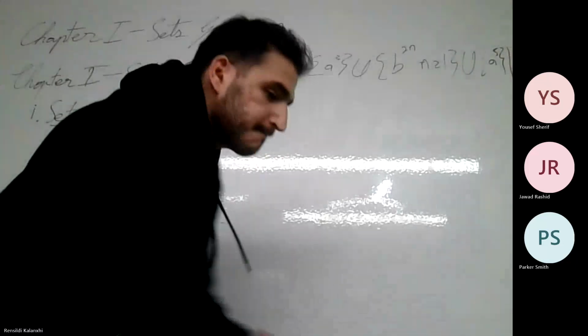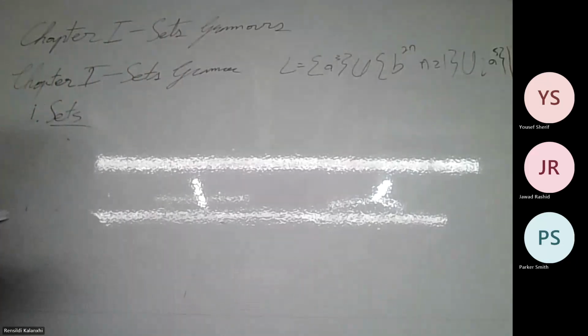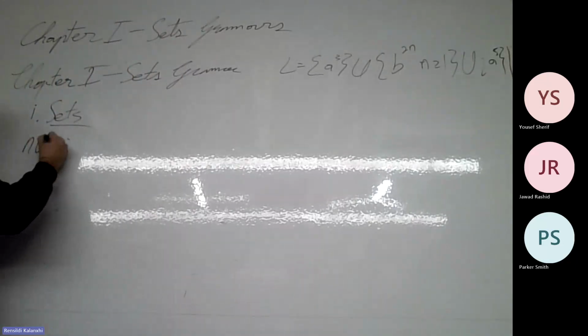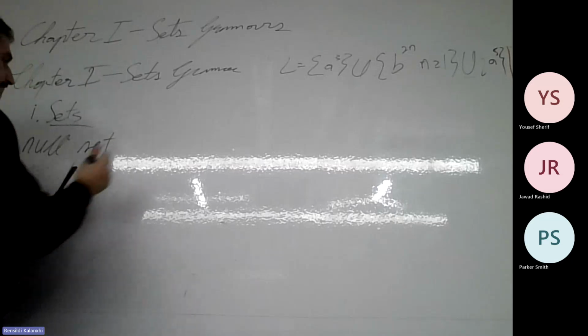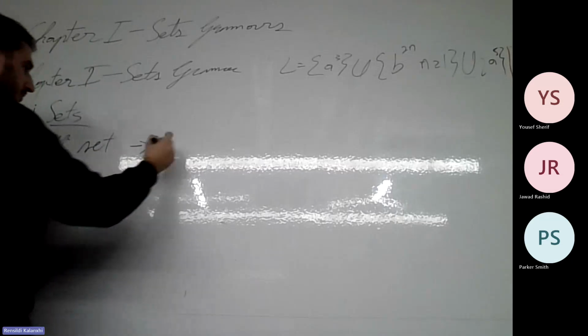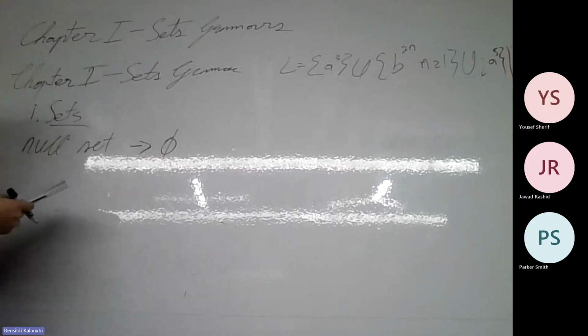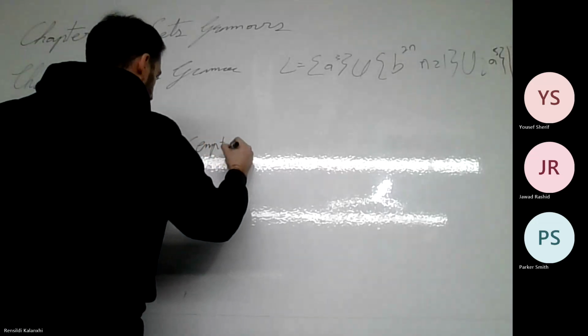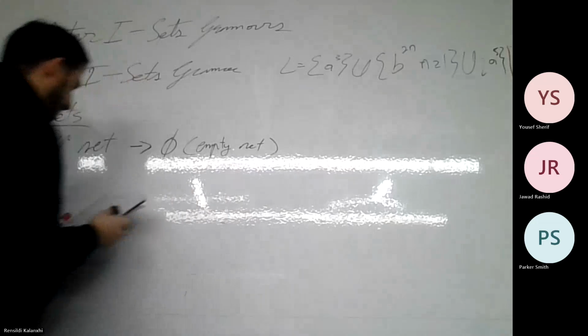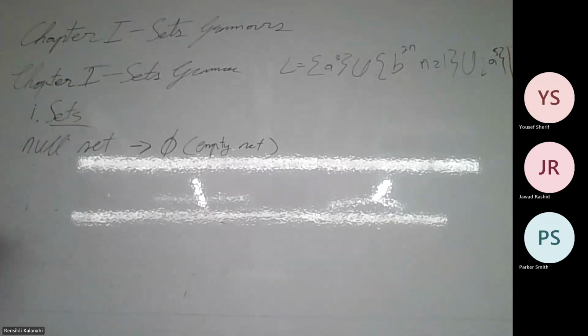So a null set is defined with the symbol phi, which means basically empty.